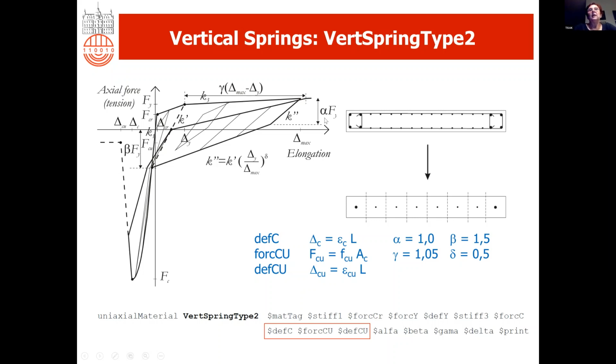So to define the behavior of vertical springs, we have 2 types of uniaxial material, which are defined in a similar manner as other materials in OpenSees.